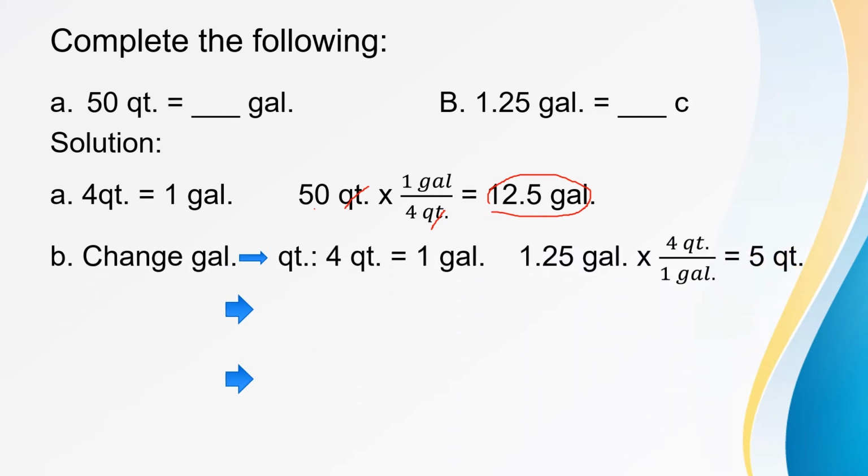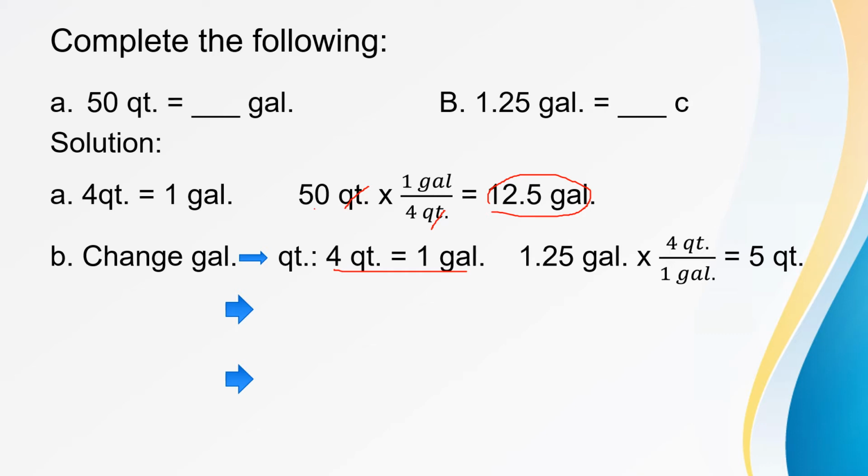For letter B, change gallons first to quarts. 4 quarts equals 1 gallon, so we will use this because we need to change gallons to quarts first.